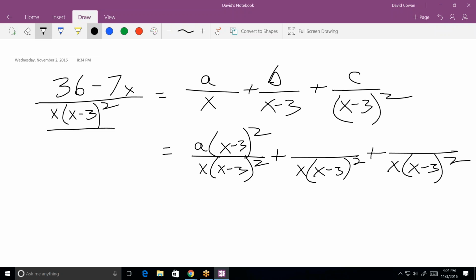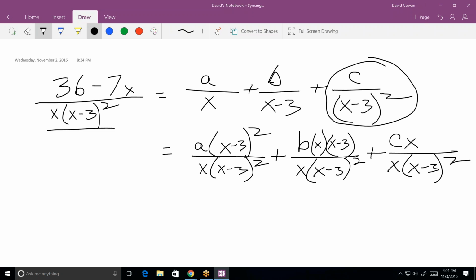What's this term right here going to be? B times x and x minus 3. In other words, we just have to make sure that it's equal to what is above it. And over here, the c would be the same thing, x and x minus 3, just x. Notice that my goal is not to change it.